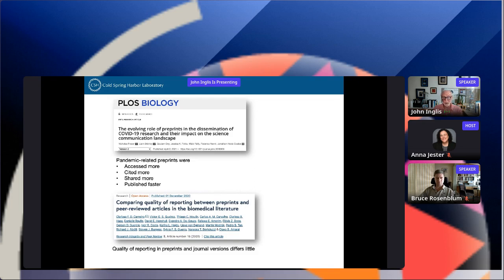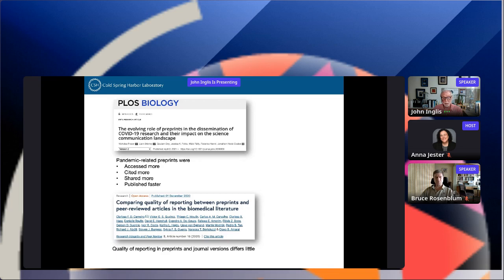And what they found was that pandemic-related preprints were accessed more, cited more, shared more, and published faster. And this confirmed our own data, which shows, because we track the publication of preprints, very clearly that pandemic-related preprints were being published twice as fast at one point last year than preprints on other topics.